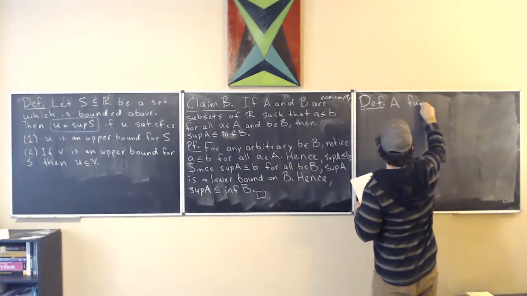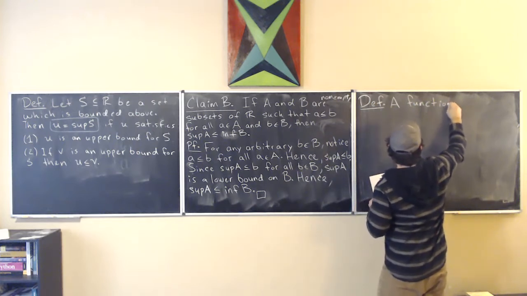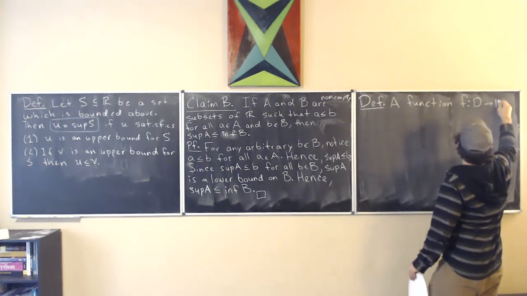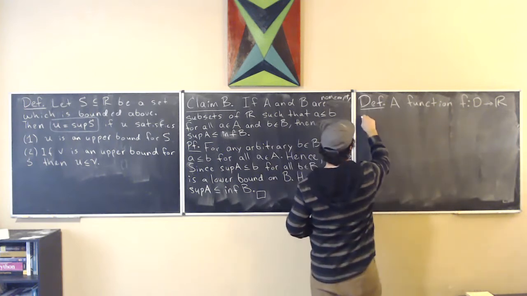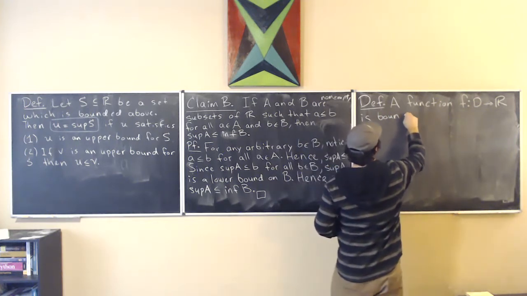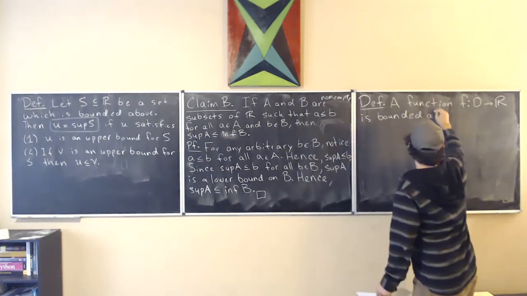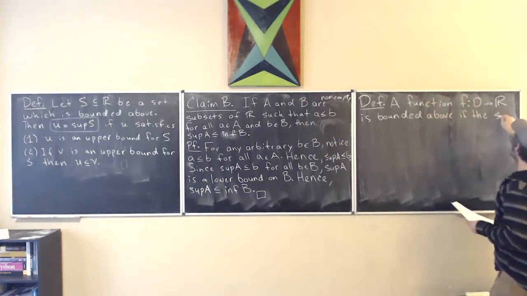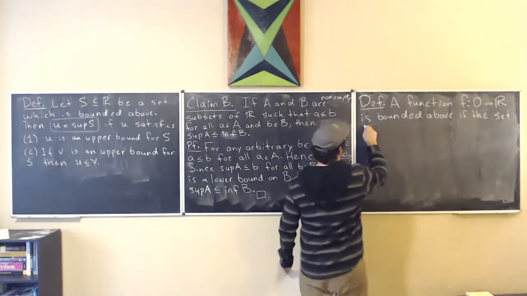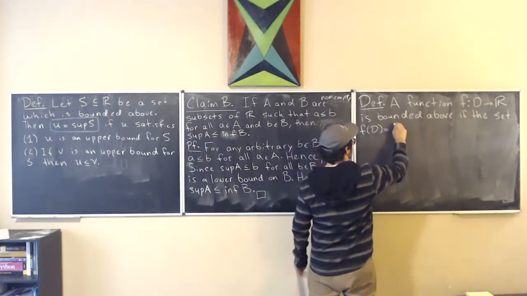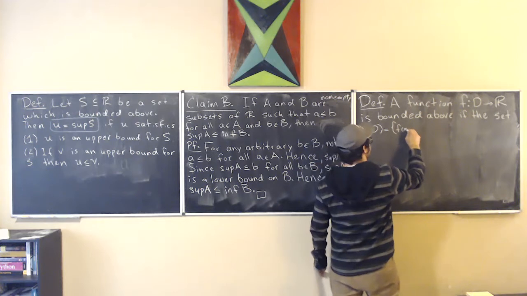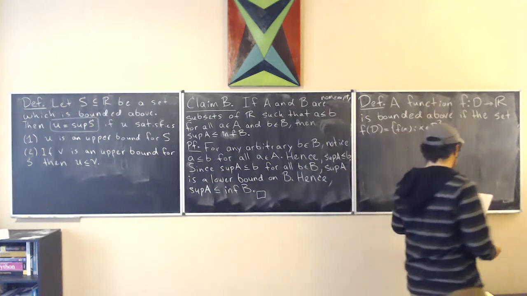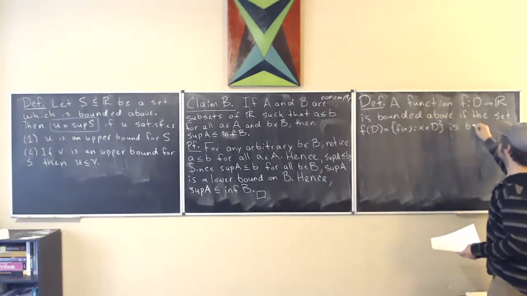So a function f, which maps some set D to R, real numbers, is bounded above if the set f of D, which is just the range, so this is the set of all f of x such that x is in D, is bounded above.